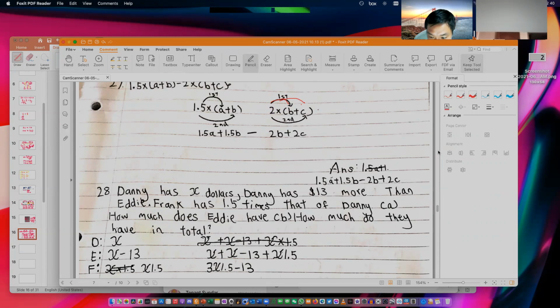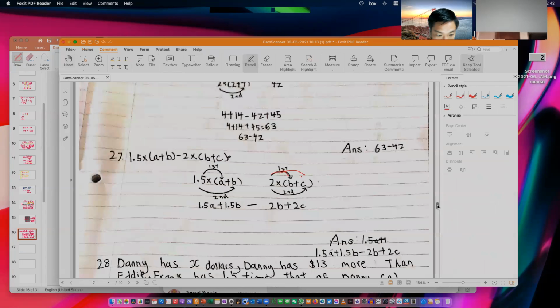How come you did not copy the minus? So what I'm trying to say is, if I copy this question, 1.5 times (a plus b) minus 2 times (b plus c), right? So I'm going to move the 1.5 inside.